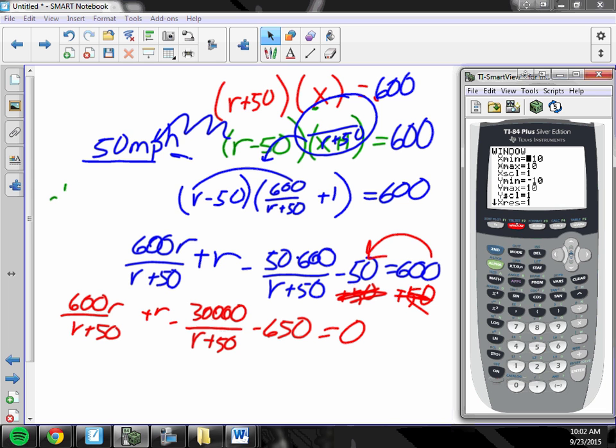And I'm going to change my window. How fast do airplanes travel? Several hundred miles an hour. So from 0, I don't know, to 700. And then I'm going to zoom 0 for zoom fit and see where this hits. Right there.